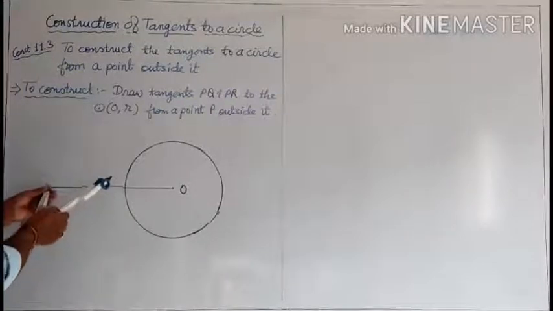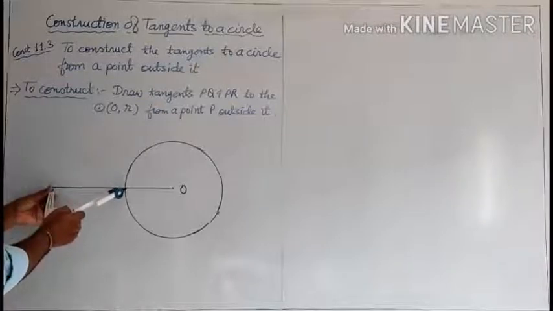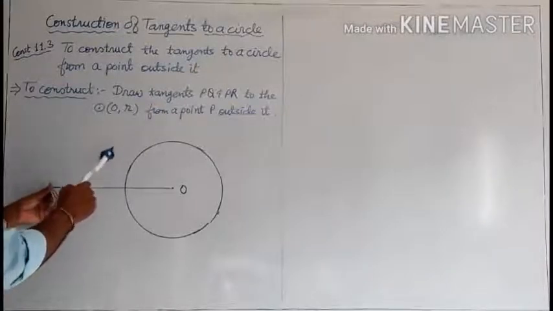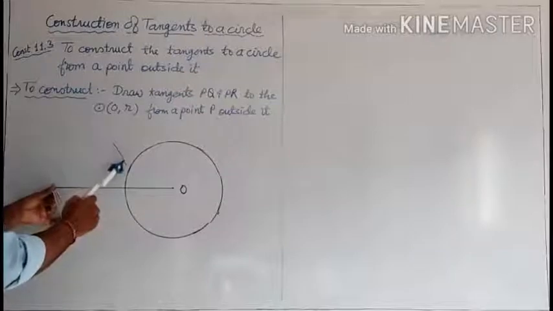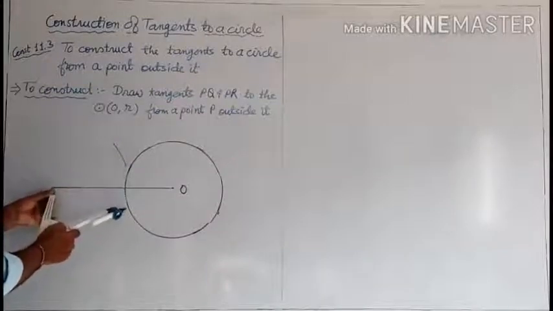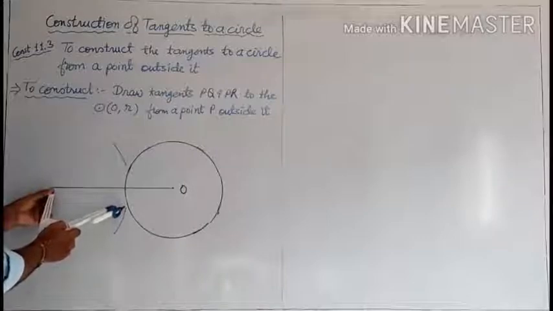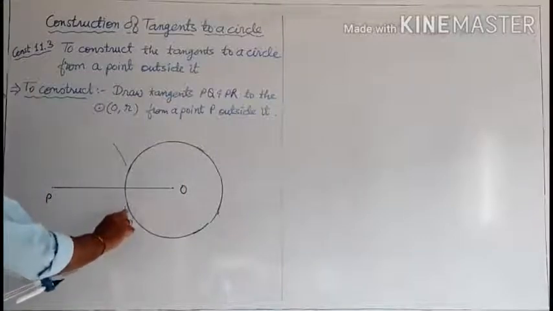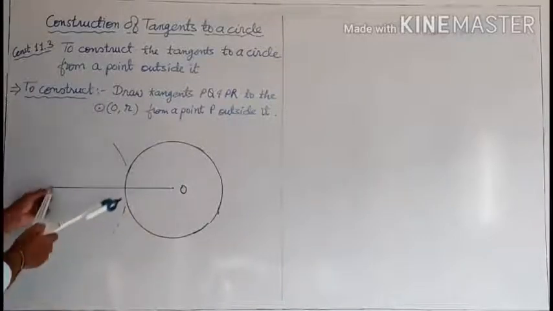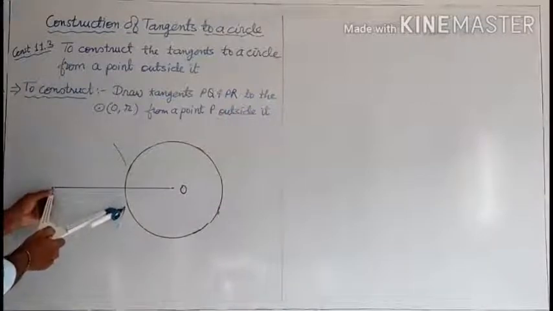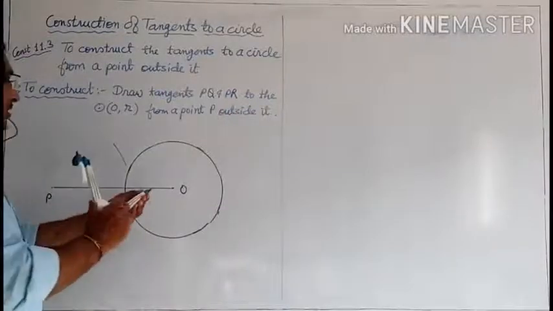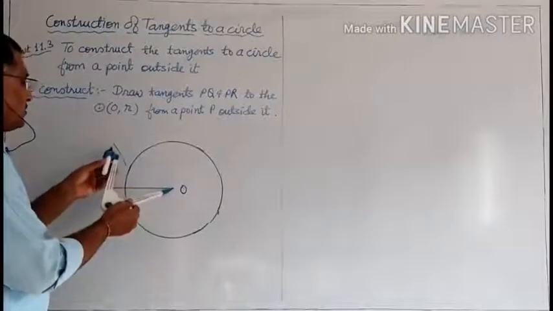To draw the perpendicular bisector, we have to take a radius more than half of OP, and then, taking O as a center, draw the arcs.